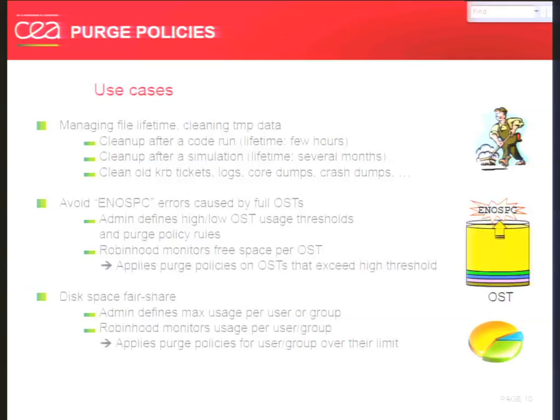In this case, Robinhood could be used to automatically remove files which are consuming space only on those OSTs, so you don't have to remove the files on other OSTs. It's quite easy. You've got several thresholds. You've got a high threshold, and once the space is above it, it will remove the files needed to be below the low threshold.